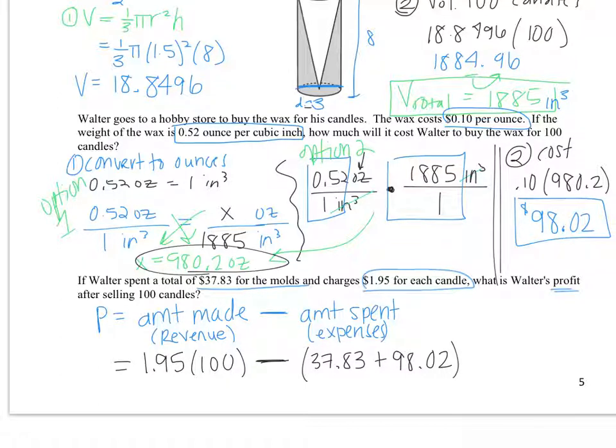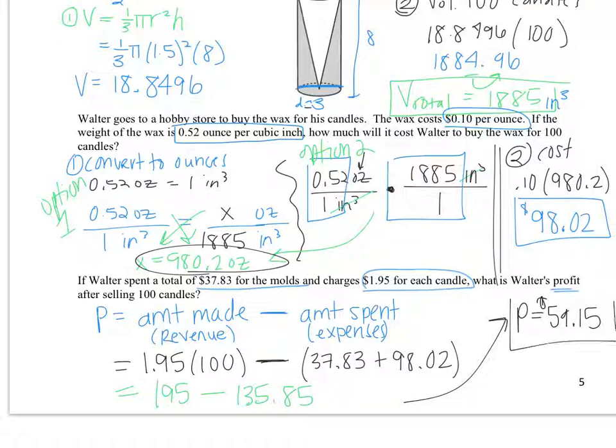Okay, so when we either type this into the calculator or simplify each part, we have 195 minus a total of 135.85, giving us a profit of $59.15 to sell 100 candles. Seems like a lot of work, but that's so cool to have 59 extra dollars in your pocket, right? It pays off to do a little bit of work.